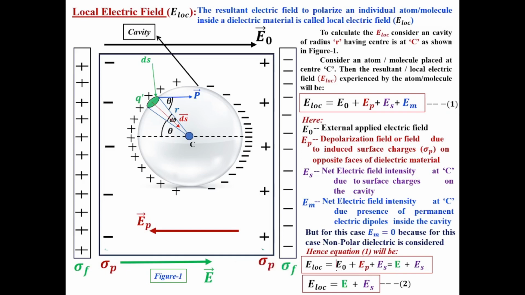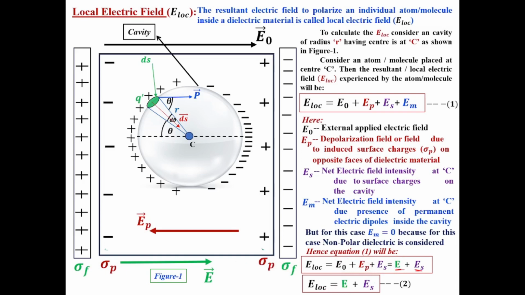And we know that E naught plus EP, vectorially they are going to subtract. Here it is written E naught plus EP, but actually vectorially they subtract, and the resultant will be E, that we know.